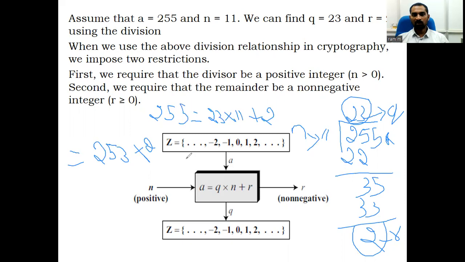This is how the division operation occurs, and we can represent the dividend as coefficient into divisor plus remainder.